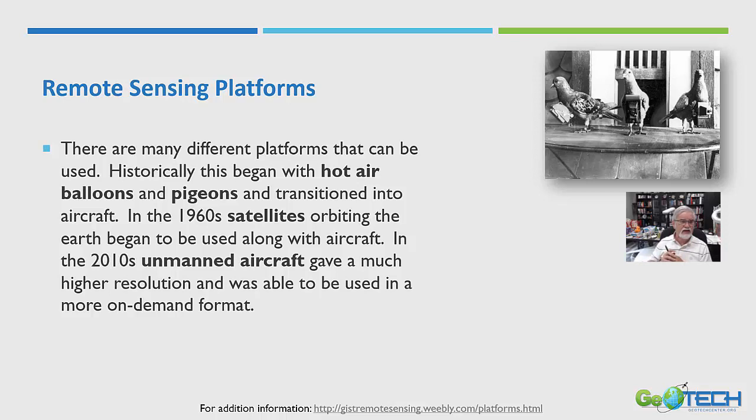Remote sensing is not a new science. It has been around for a long period of time. It actually did start with pigeons and hot air balloons. We actually had pigeons they strapped cameras to, that were used to fly and bring back the camera, and they developed the film.